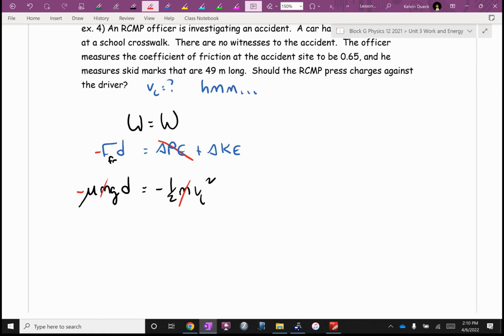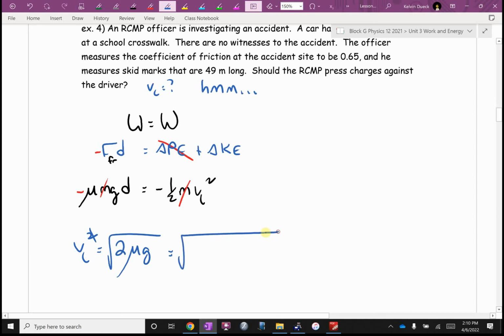I'm positive. In fact, we can get the V by itself now. The negatives will vanish. I would times the 2 over. I'm going to get VI equals 2 mu G. Actually, that's VI squared. This is how you could do it just from the skid marks and gathering some data at the scene. 2 times 0.65 times 9.8.